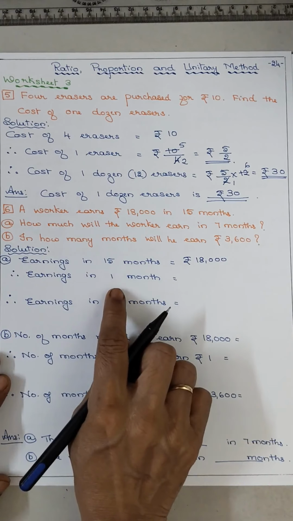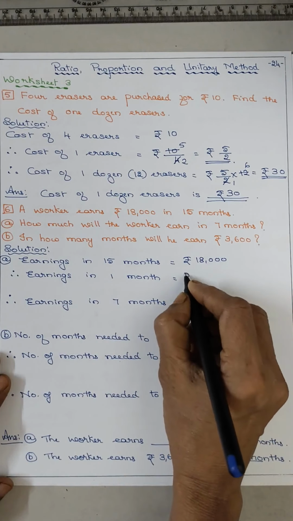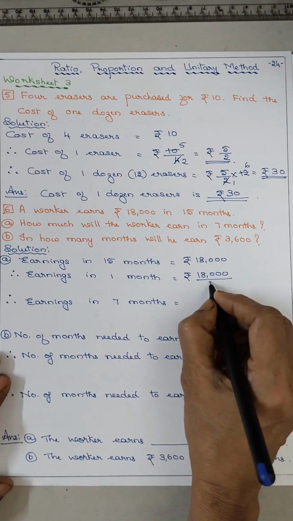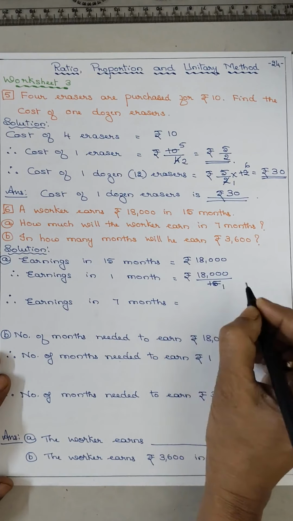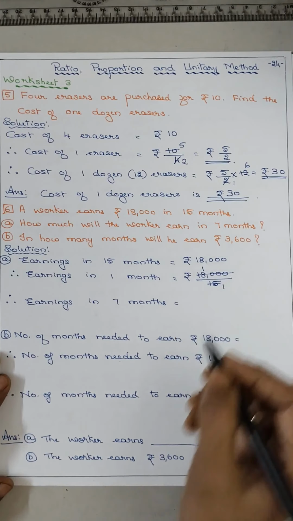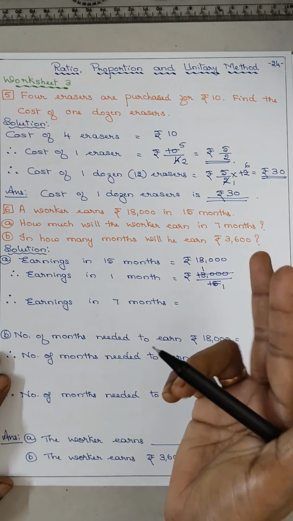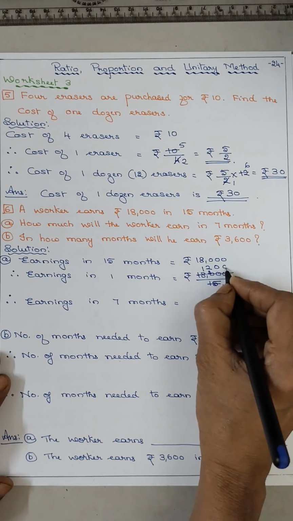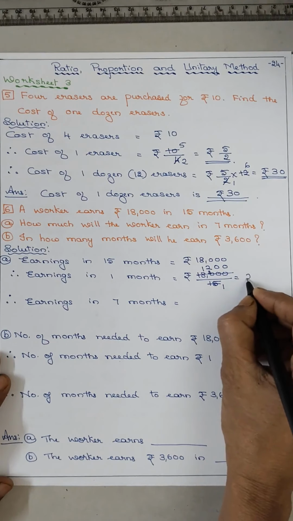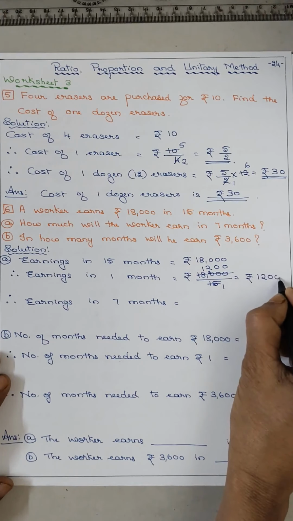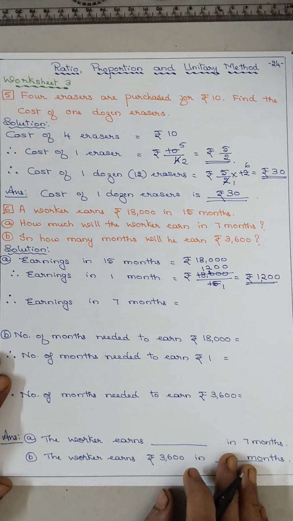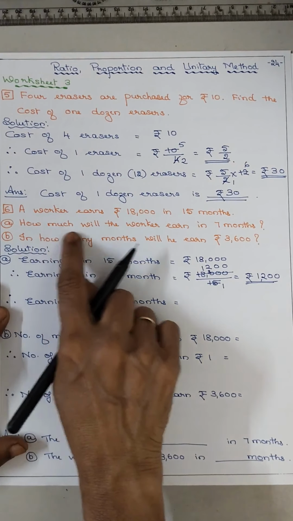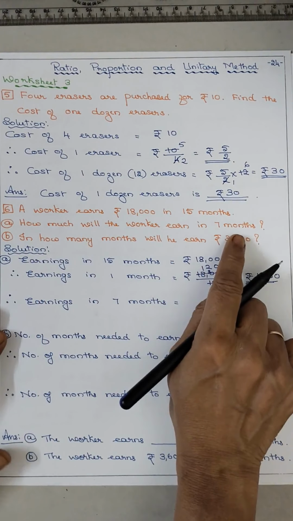Unitary method mein first is 1 month, that is division. 18,000 upon 15. 15 ones are 15, 16, 17, 18. 3 remains. 15 twos are 30 and these 2 zeros. So you got 1,200.